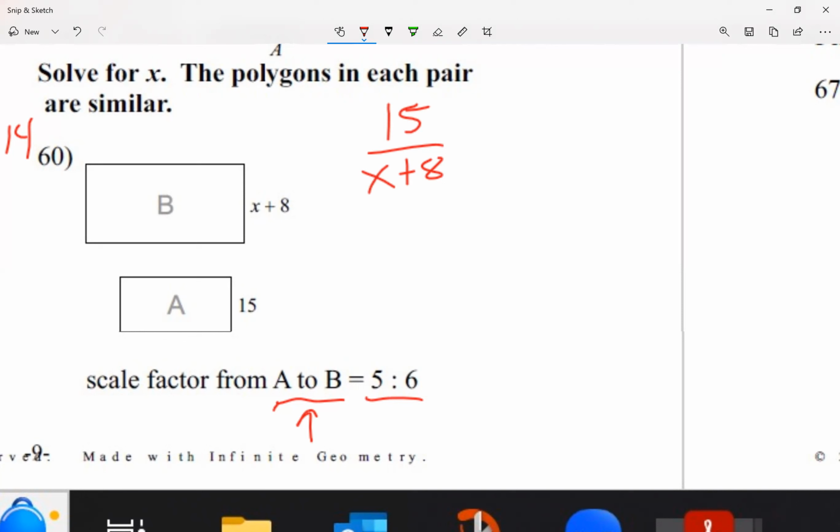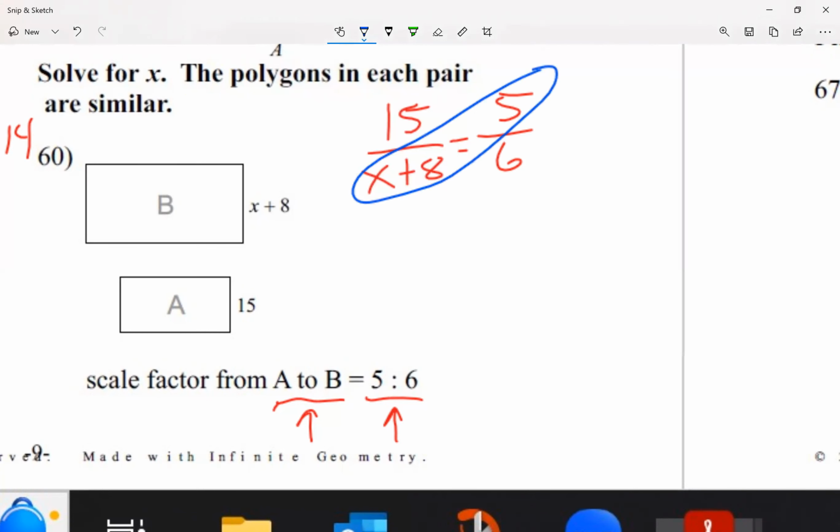So 15 over x plus 8 is equal to, my scale factor here says 5 to 6, so I'm going to write this as 5 over 6. Now to solve for x, let me just cross multiply. 5 times x plus 5 times 8. So I have 5x plus 40 equals 15 times 6, which is 90.